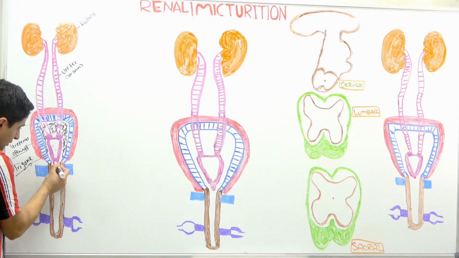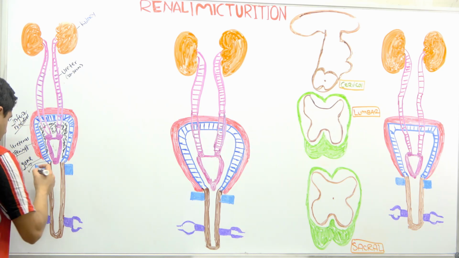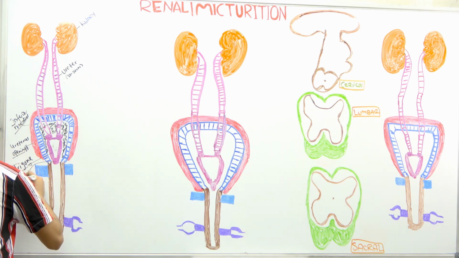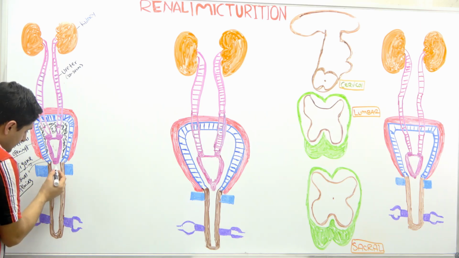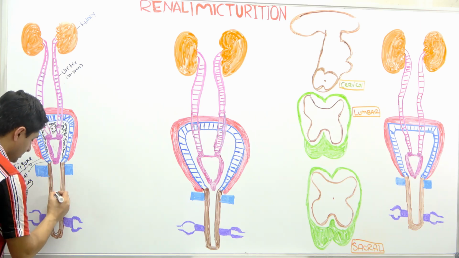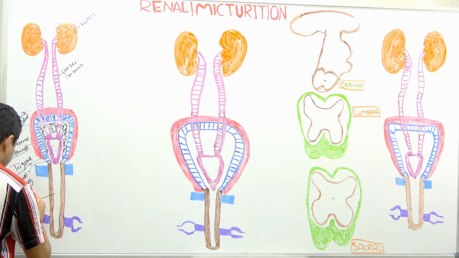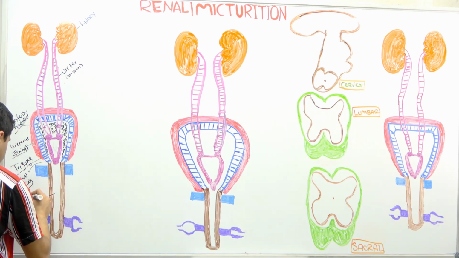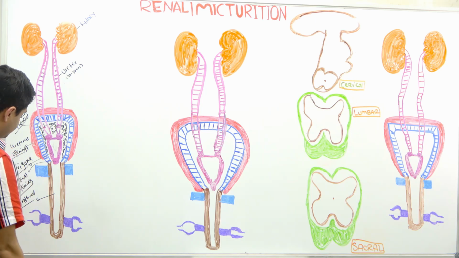This opening right here is opening into what? The urethra. So we call these urethral openings, or you can call them orifices too. And this structure here is going to be the urethra.